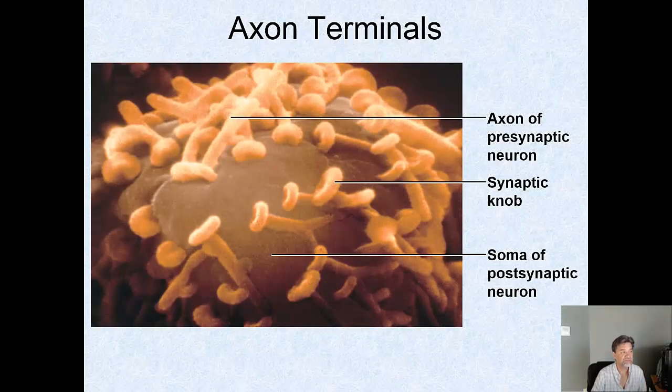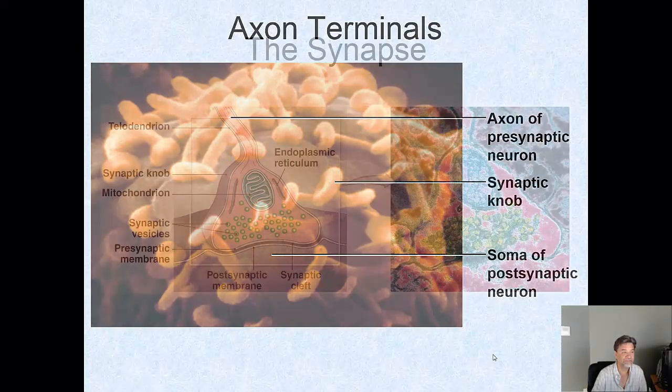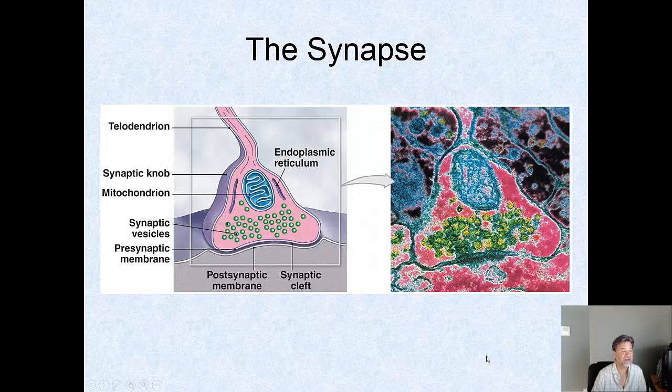So here is a cell body. You can see the cell body in here, all of these different synaptic terminals, presynaptic terminals, or knobs if you wish, acting on that cell. It's just an incredible array. And here are the vesicles filled with neurotransmitters. This is the presynaptic membrane, the synaptic cleft in between, and then the postsynaptic membrane where all the receptors are.